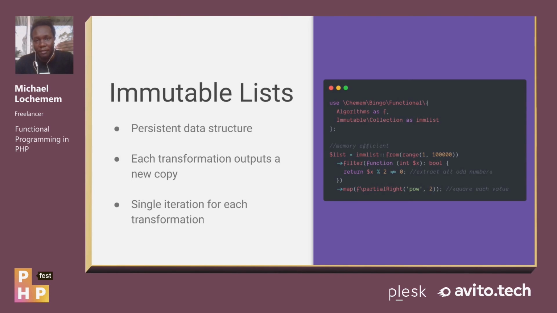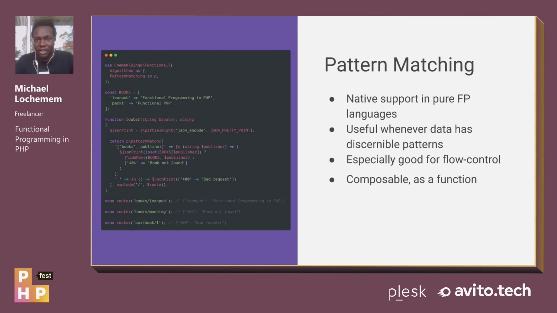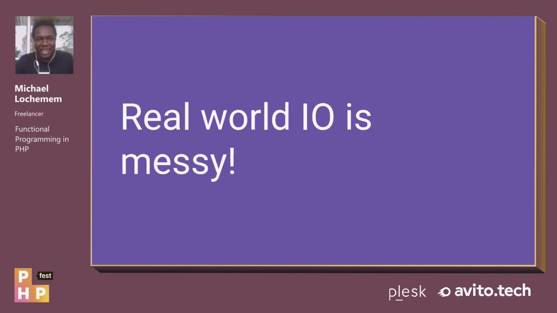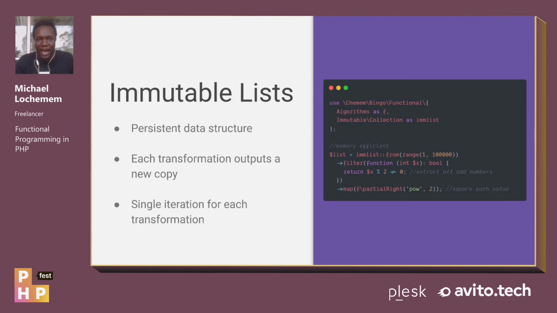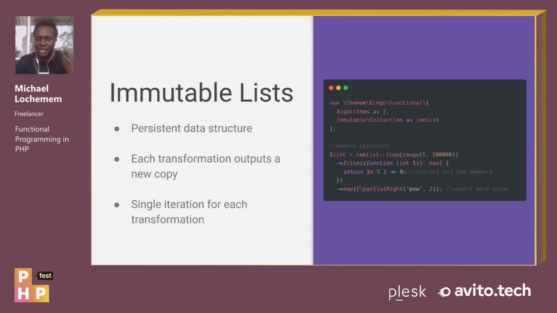So if I create an immutable list with values from 1 to 100,000, and you filter it, you create a new list. You try to square the values, you create a new list from that. So that's the ethos of persistence, and that's great for functional programming because you want to return new copies of objects.